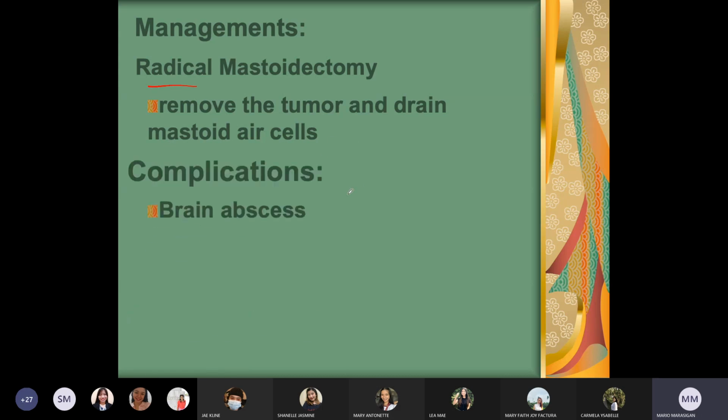Complications: since na-create ka ng opening and the mastoid area is very near already to the brain, it can cause a brain abscess, meningitis. Ito yung common na nakakasama sa exam. Kung ito yung iyong tenga, sa likod niyan nandito yung iyong mastoid bone.